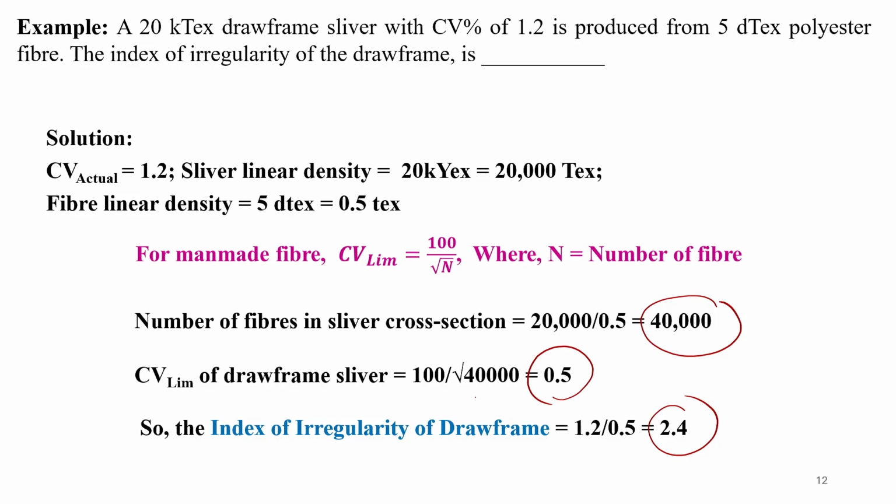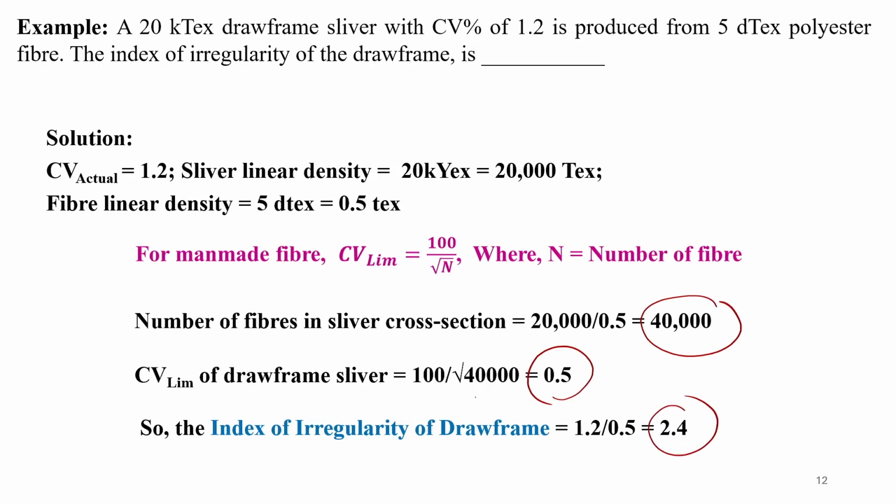Now, let us see another numerical example. Here 20 kilotex is produced from, in place of 0.5, it is 0.4 decitex, and which is producing a CV of say 1.1.